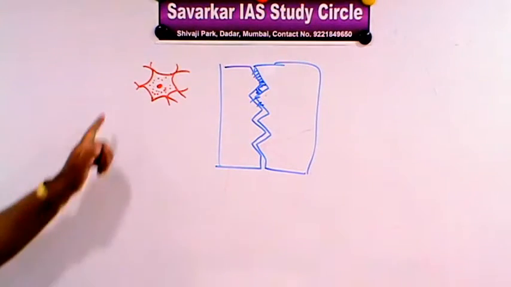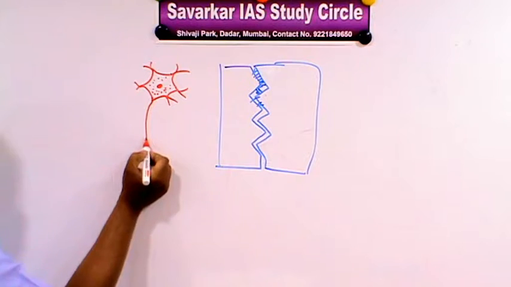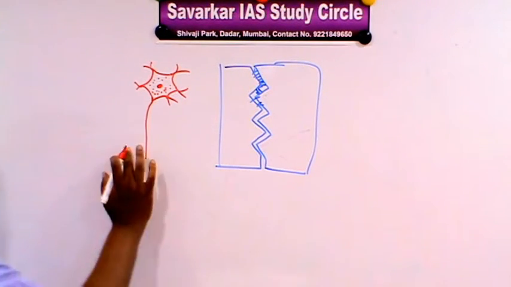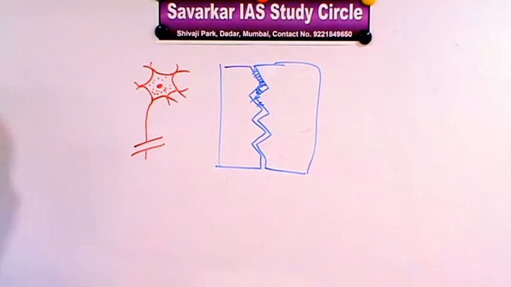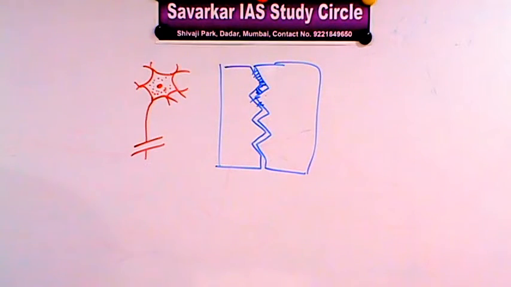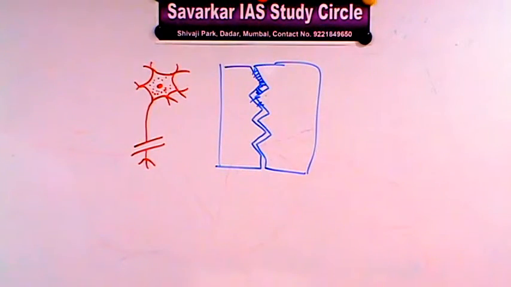These are called dendrons, whereas this long fiber going here is called the axon. The axon can have a long fiber, and then it reaches out to an organ.